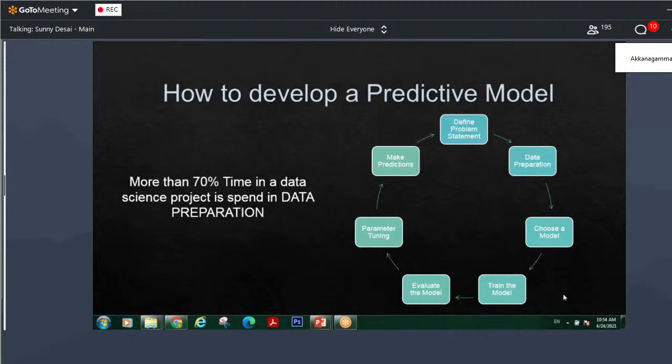From training the model, the next step is to evaluate the model, to fine tune the model further so that you get the most reliable outcome. And from fine tuning the model, the final step is to deploy these models online to make predictions in real time.